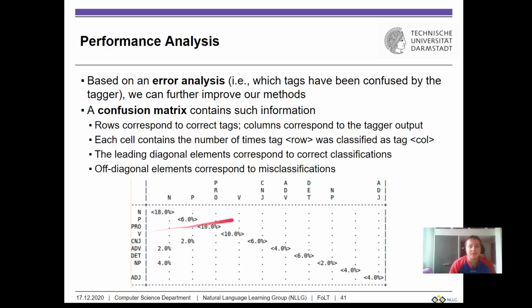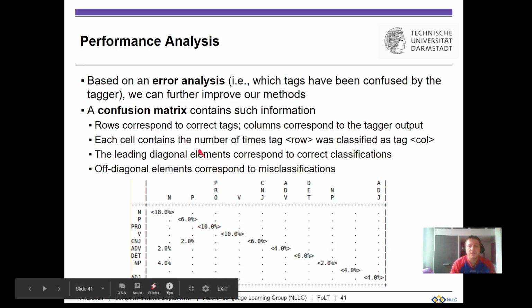And each cell, so each entry in the matrix, contains the number of times tag adverb, so this is the row, was classified as tag noun, and the number of times that tag adverb was classified as adverb, right?